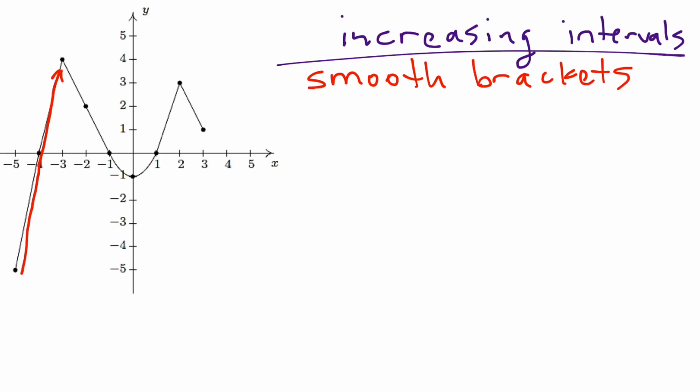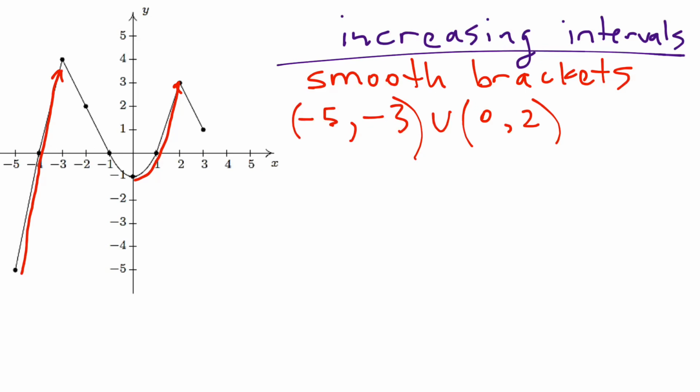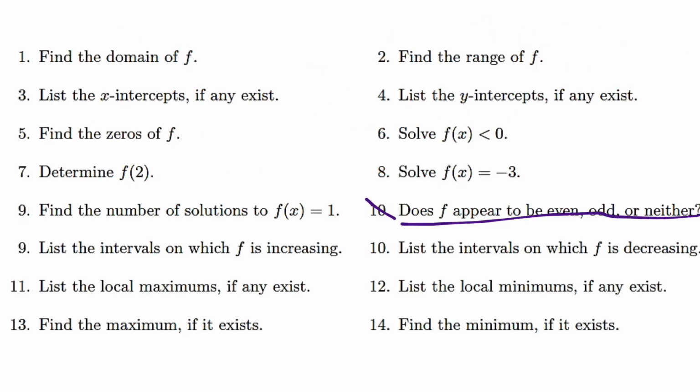So we're going to say -5 to, uphill till we get to, -3. And then we've got another piece going uphill here. So union, x is 0 here and x is 2 here, so between 0 and 2 we're also going uphill.